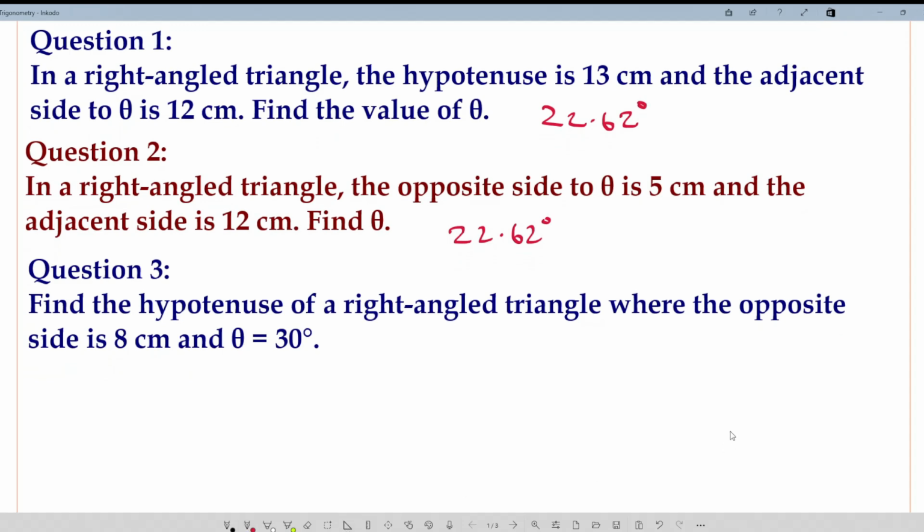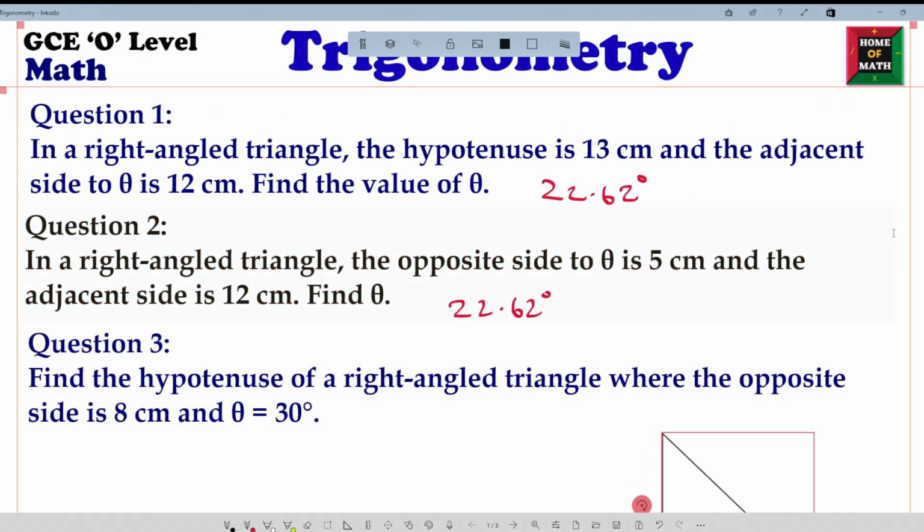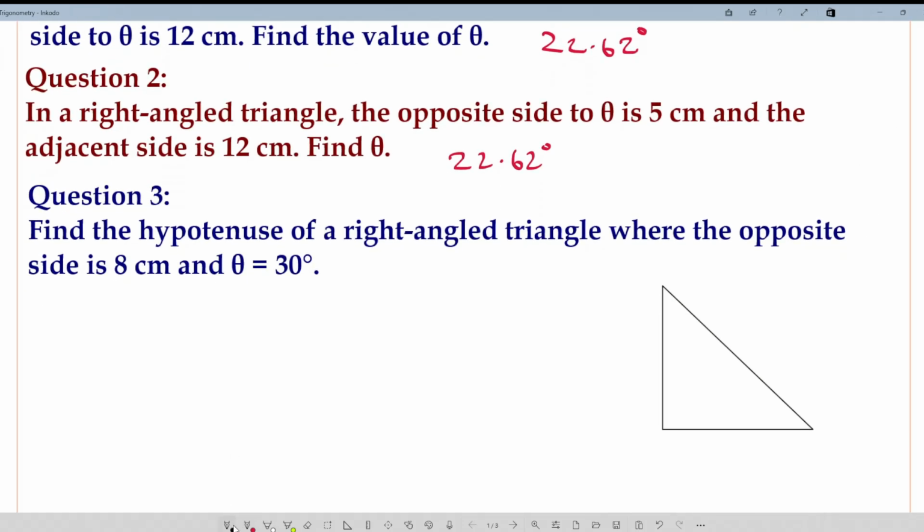So we use a right angle triangle, theta is 30 degree, and we find out the hypotenuse. The opposite side is this, so it's 8 centimeter.